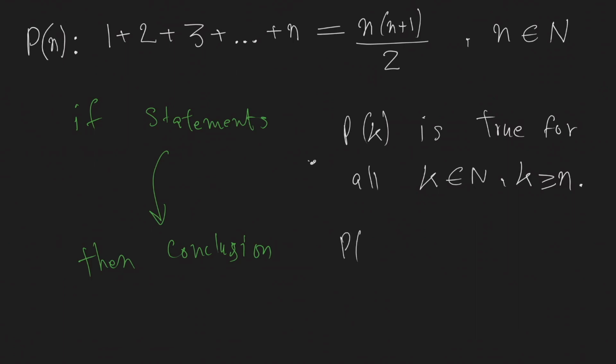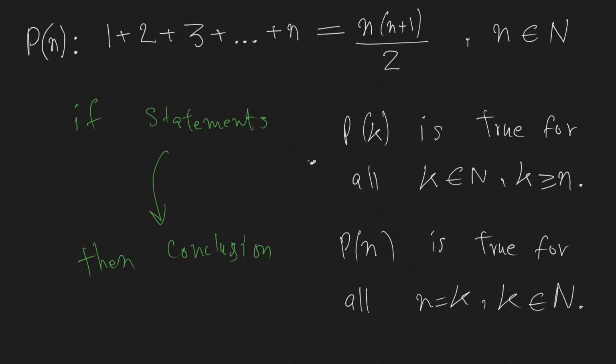So Pn is true for all n equal to k, where k is in the set of natural numbers. So these statements are just the same thing. So this is the statement. I'm going to stick with this one for now.